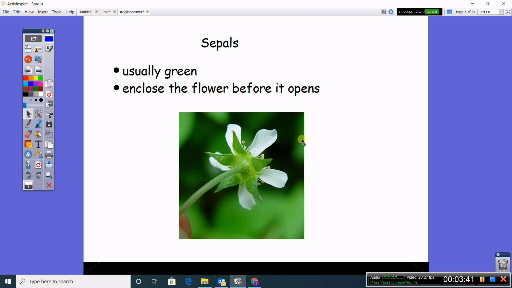For example, your Easter lilies do not have sepals, but a rose does. And it's one of those things you can count in addition to petals, in addition to stamens, to see if something is a monocot or dicot. So in this picture, you've got 1, 2, 3, 4, 5 sepals, which is going to make this a dicot.